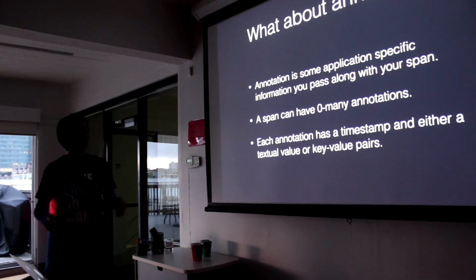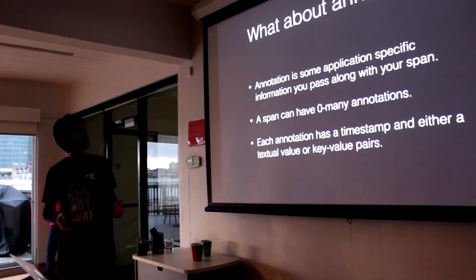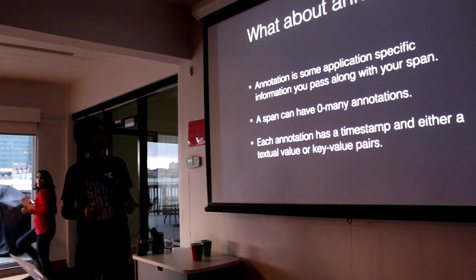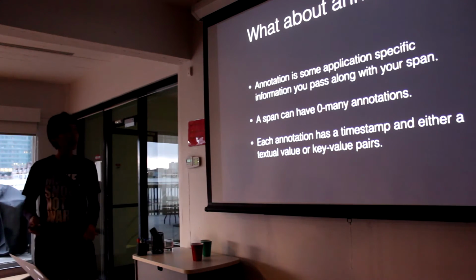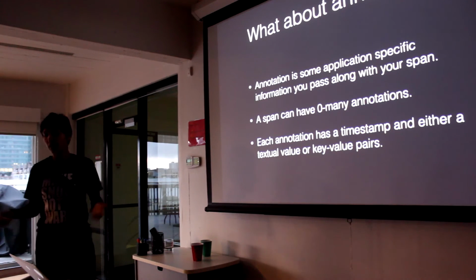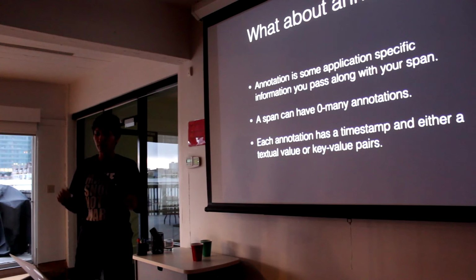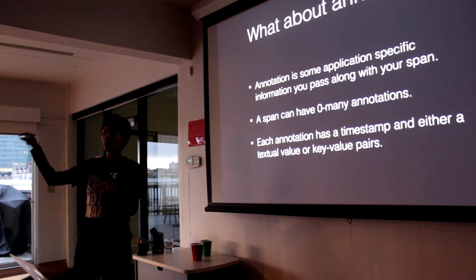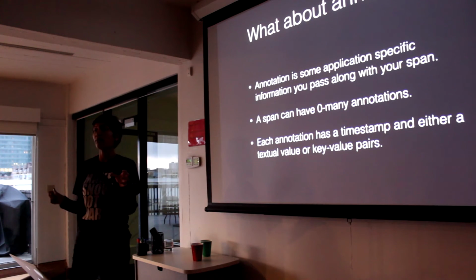Like I said, an annotation is any application-specific data you want to pass along with your span. A span can have 0 to many annotations. Each annotation gets a timestamp and either a textual value, or a simple string. Say I'm the client span, sending a call to a particular server, so I tag myself with a new annotation called client sent.